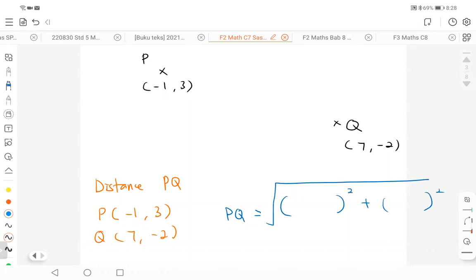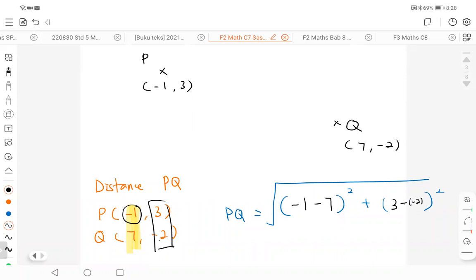Then next you substitute the numbers. For x, follow -1 minus 7. Next, 3 minus, here there is a negative, 3 minus -2.